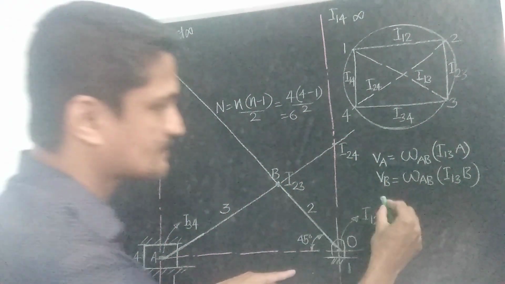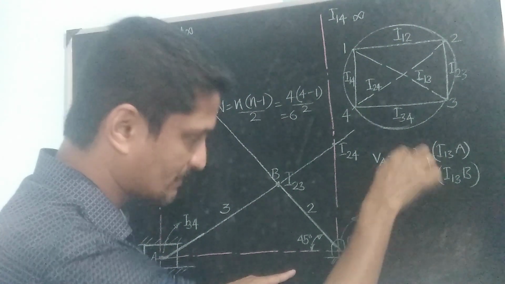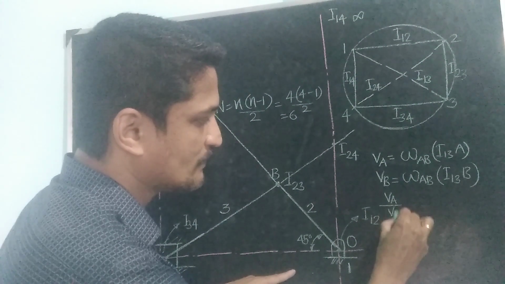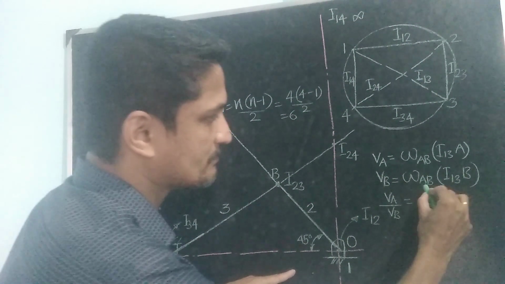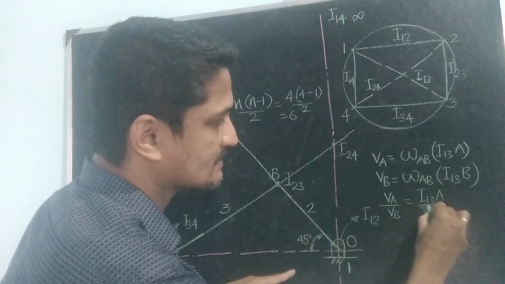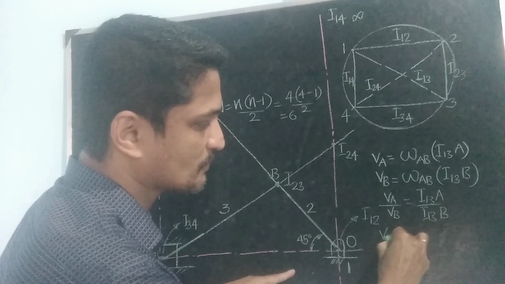We can divide this equation by this equation. Then VA by VB is equal to I13A divided by I13B.